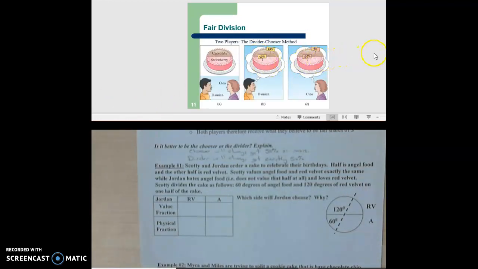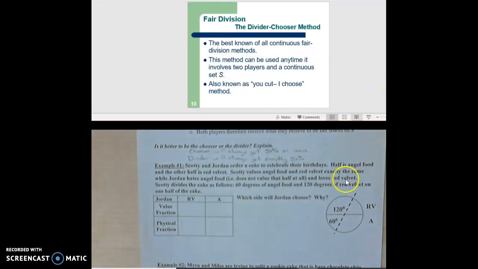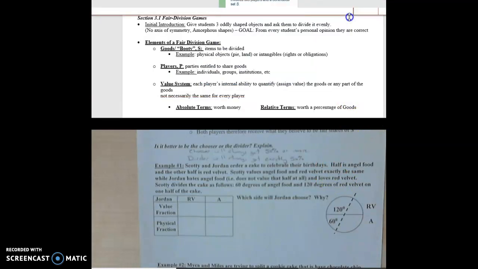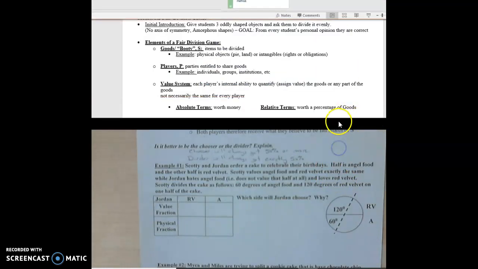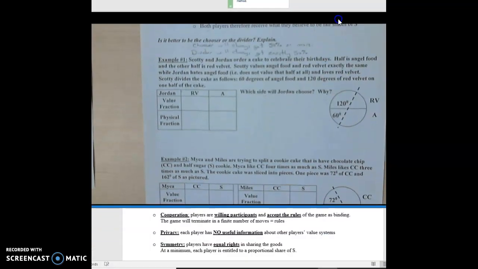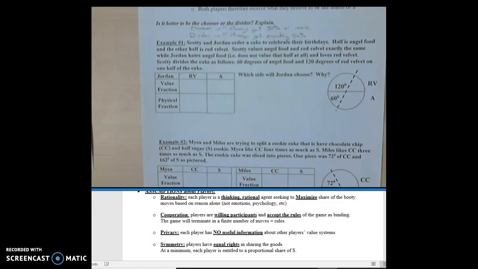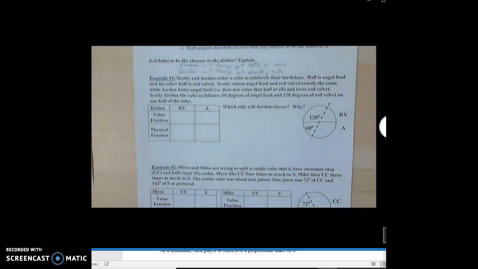All right, so here is our two-player divider chooser method. And our example here, we're going to do the example that's given on our sheet. This is the full sheet here.